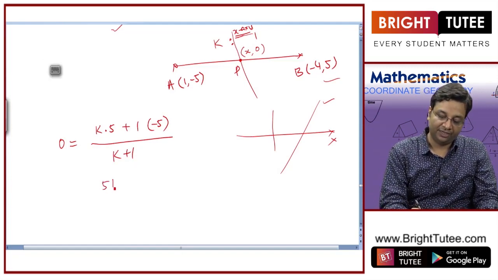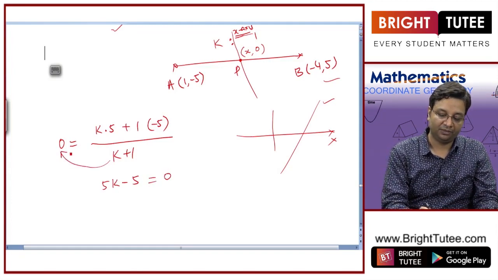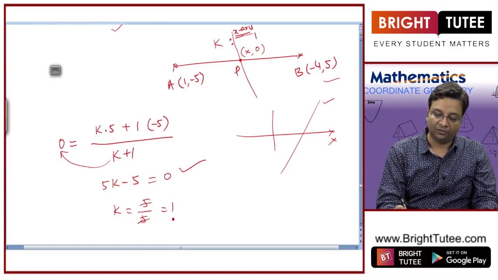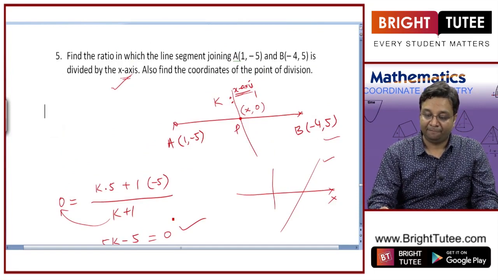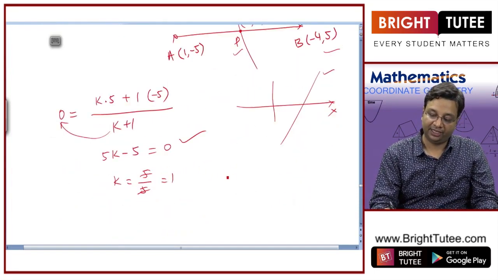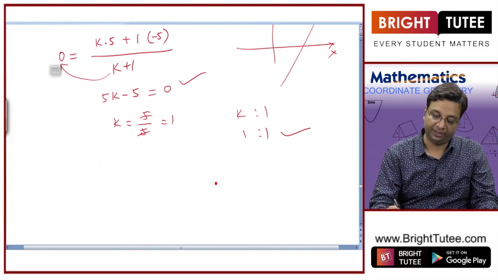So it will be equal to 5k minus 5 equal to 0. This k plus 1 multiplied by 0 will give me 0. So k is equal to 5 upon 5, which is equal to 1. So we can say that this point P divides the line segment AB in k is to 1, which is 1 is to 1. So this point P is the midpoint of AB.